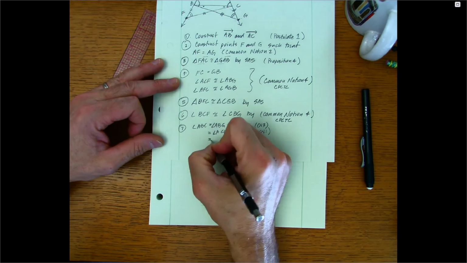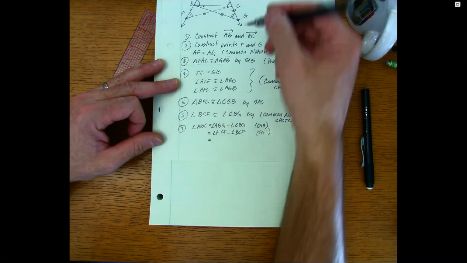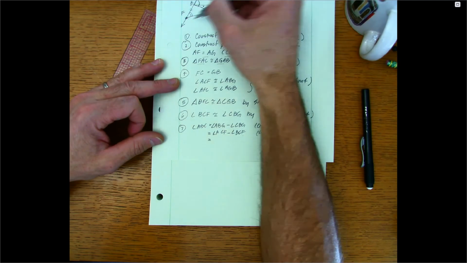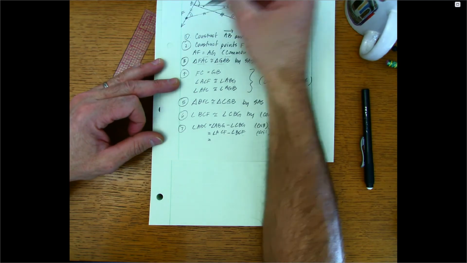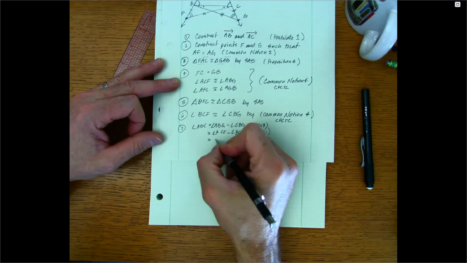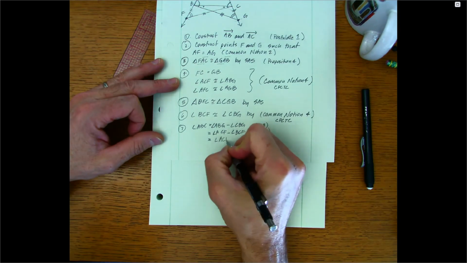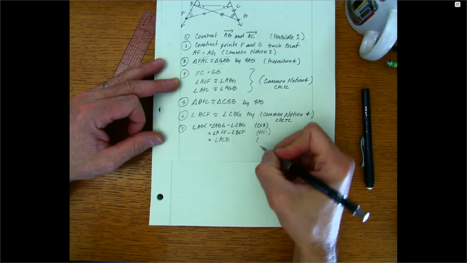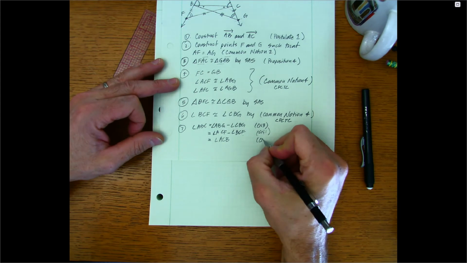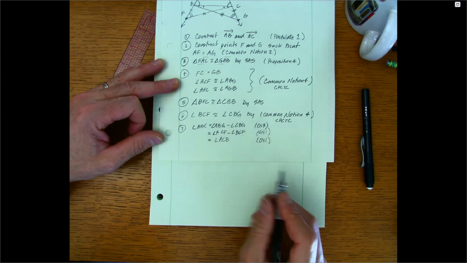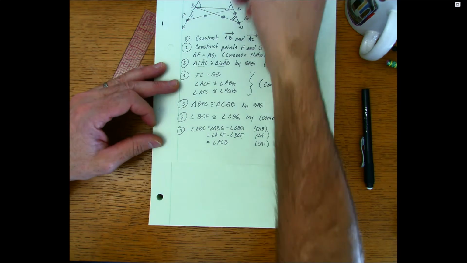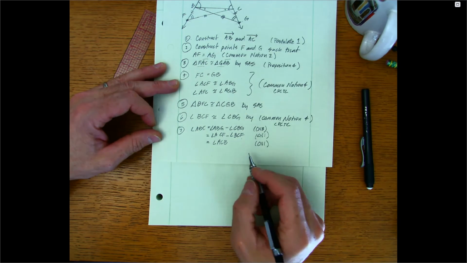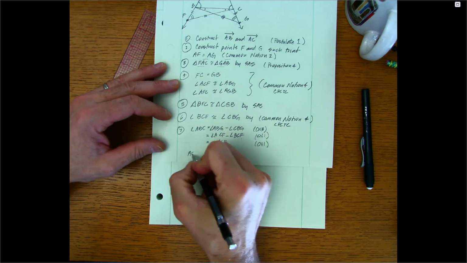And let's see, so lastly, we know that ACF, take away BCF, is going to be just ACB. And that one would be common notion 1 again. And so what we've shown then is that these base angles, ABC and ACB, are congruent as desired.